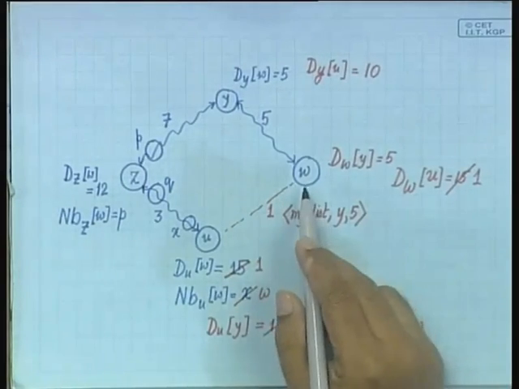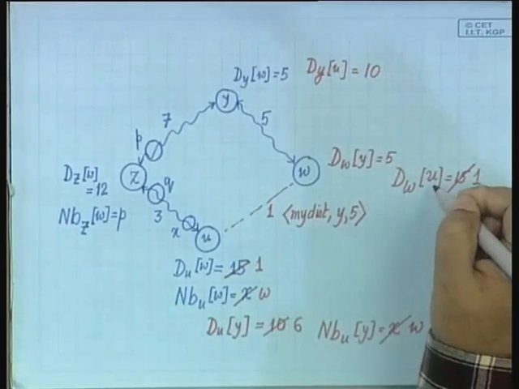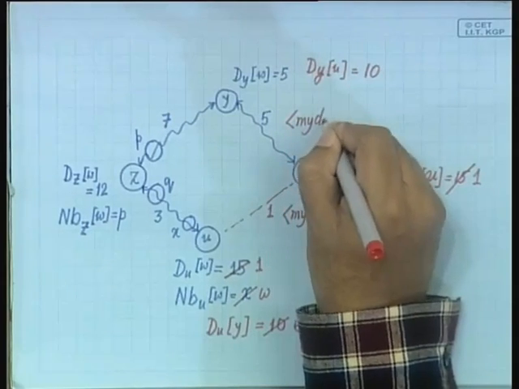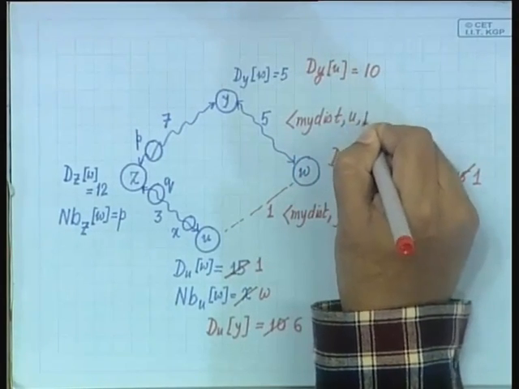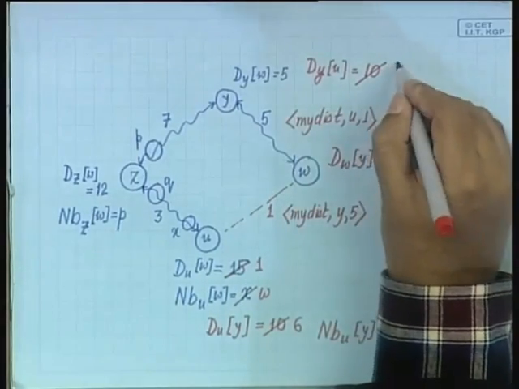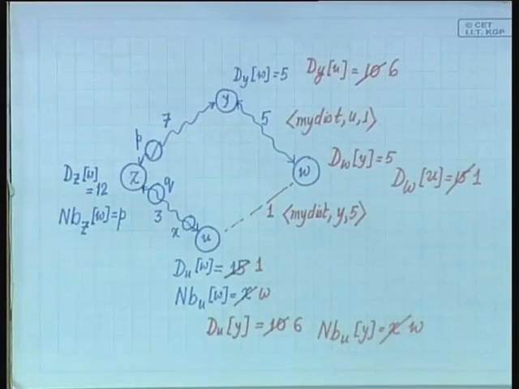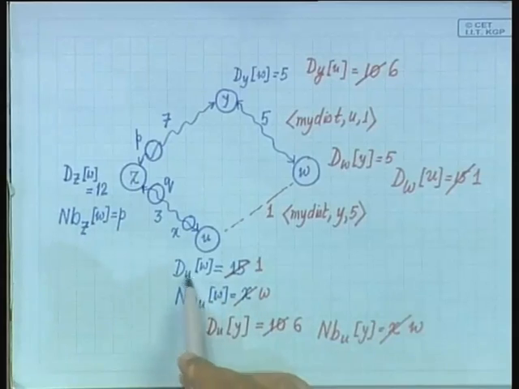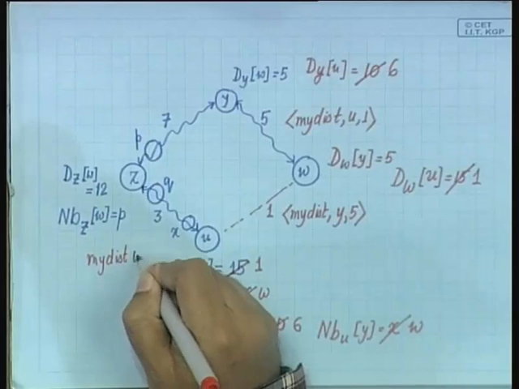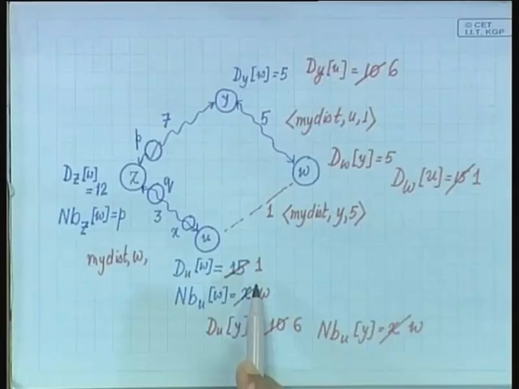Now this one will broadcast MyDist. When it gets this one, after updating this, it will broadcast MyDist U 1. When it gets a MyDist U 1 message, what will this do? This will update it to 6. See, this is how this propagates, and then this one will send MyDist W. How much has it become? 1.